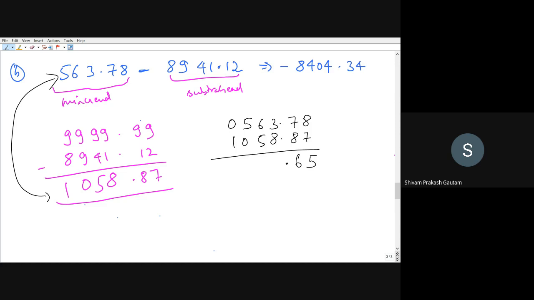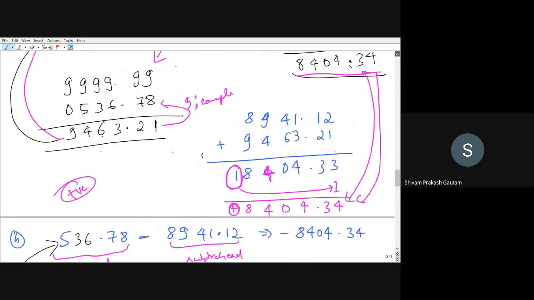Have I made any mistake? No, sir. Sir, I guess the subtraction is wrong. Which subtraction? No, sir, the starting one. Okay. So I think I have written the question wrong here. Instead of 563, it is 536. Now is it right? Yes, sir.